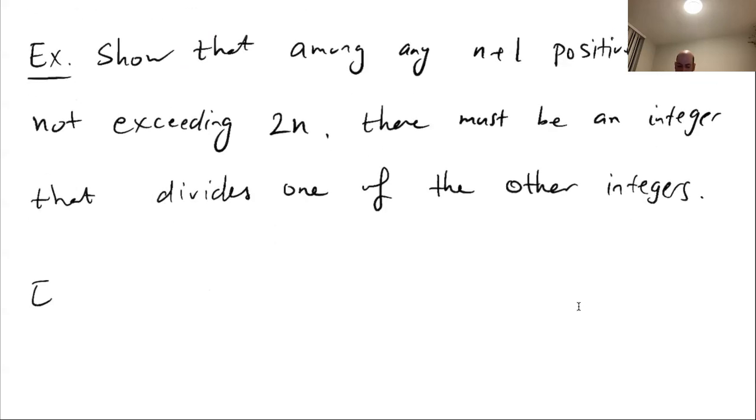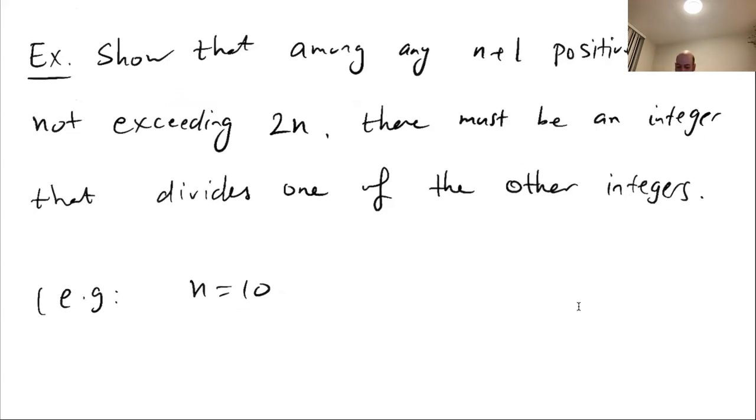So let's first look at an example of this case before proving it. Let's say, for example, if n equals 10, then if I have 11 integers not exceeding 20, then at least one of these 11 integers divides one other integer.